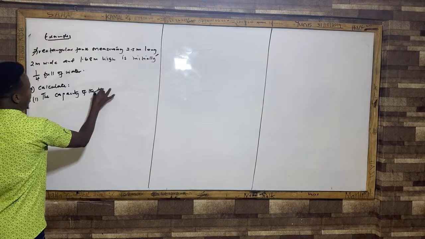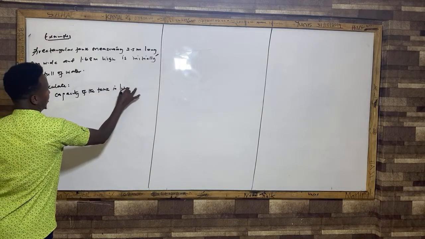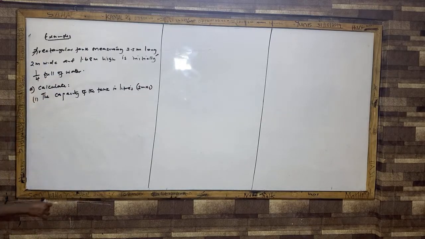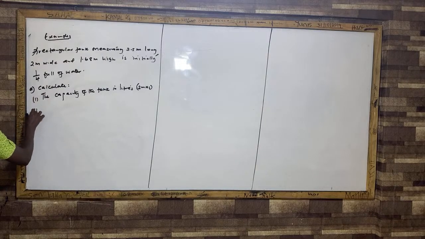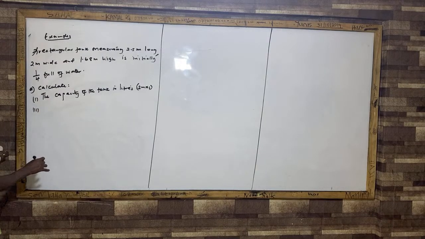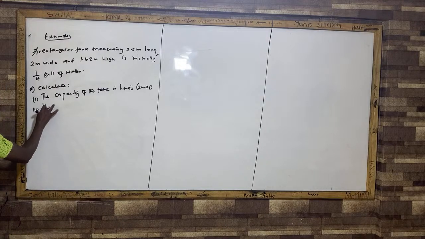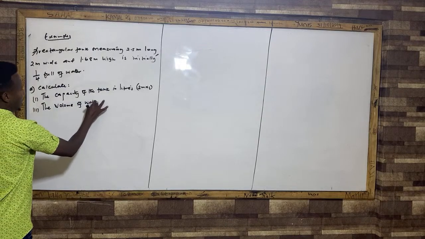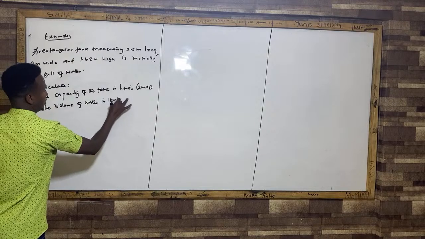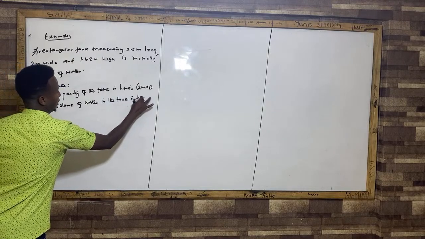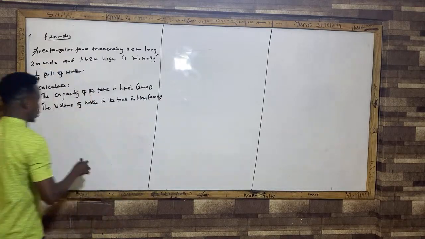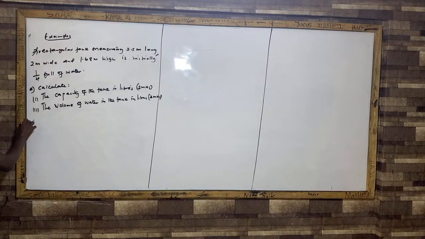This carries 3 marks. Then number 2, the volume of water in the tank in liters. It's also carrying 2 marks. This is how they frame the national exam. Then we will go to question B, which will be carrying 5 marks.